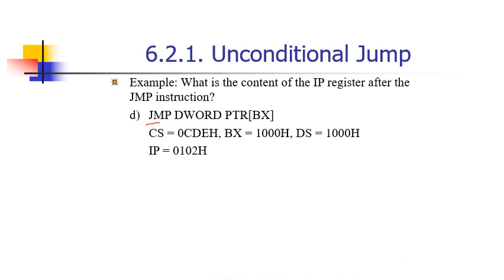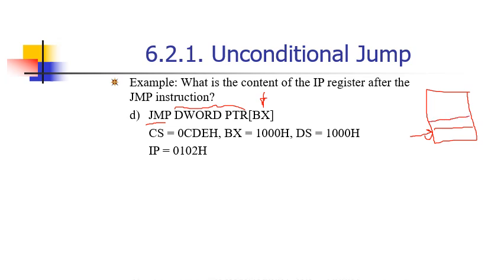Another example, jump. Well, BX now is used, but you go to the memory and collect 32 bits because you're using here a double word pointer. So when you go to memory, the place pointed to by BX is the lowest addressed memory location.